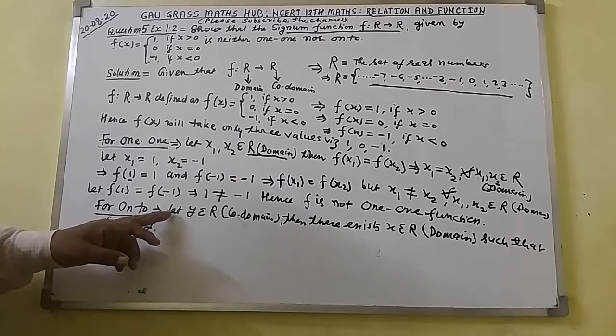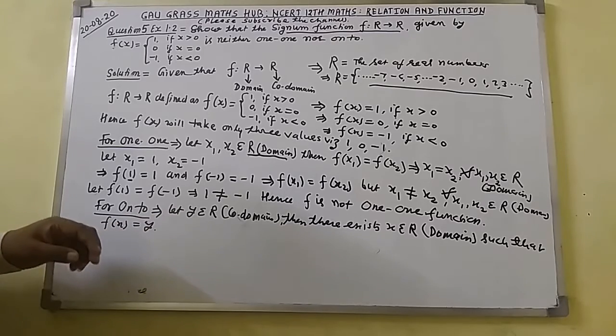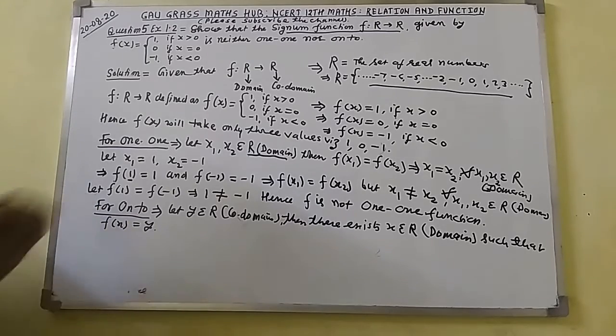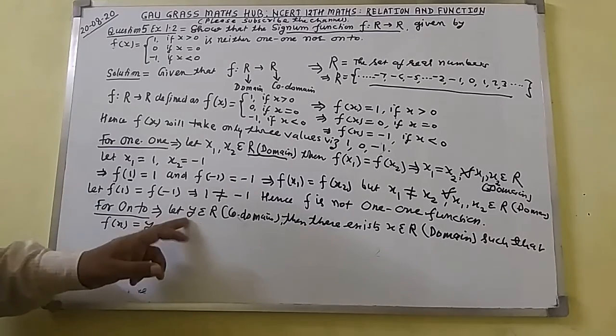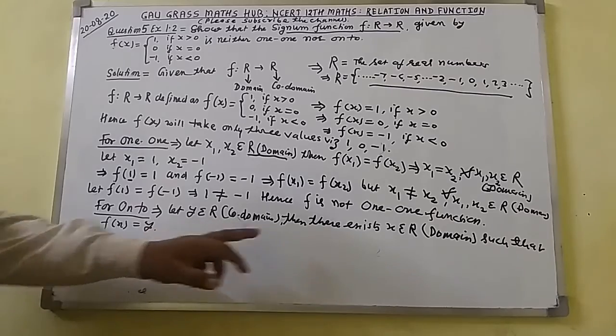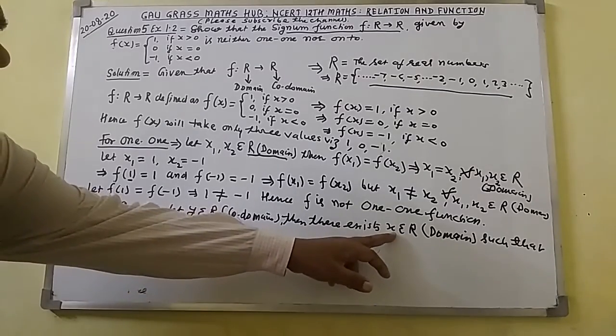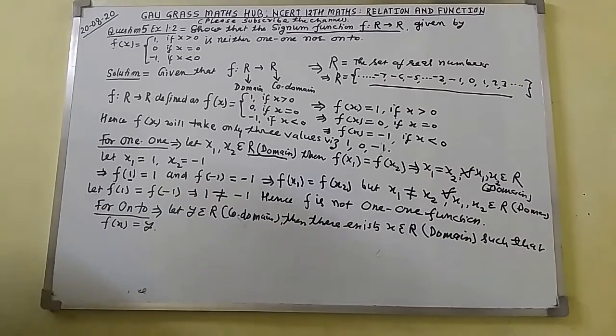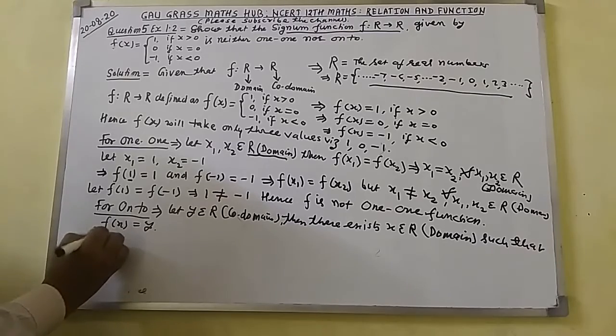This is the common statement you have to write for all cases in order to prove a function onto. Let y belong to capital R codomain, then there exists x belong to capital R domain such that f(x) equal to y.